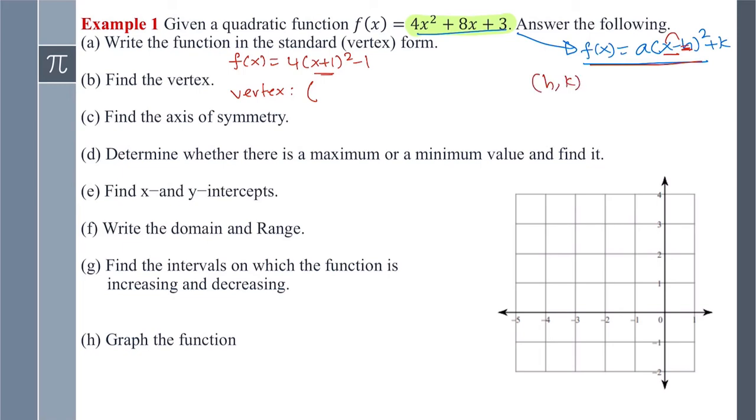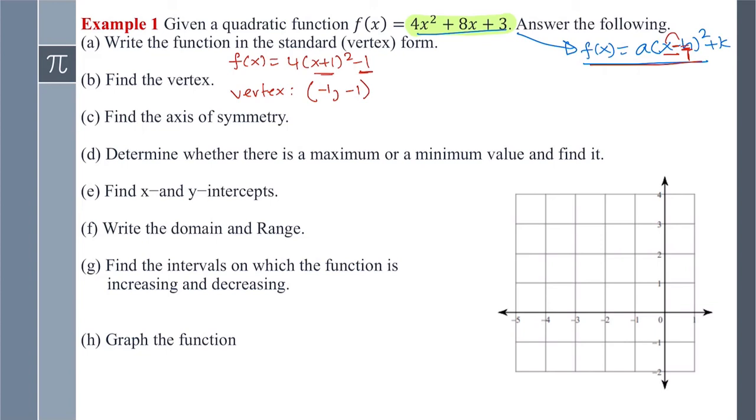When we have a plus here, we take that number as a negative. So it's negative 1 comma, and then we keep k as whatever we have. If you have x minus 1 squared, then we would take 1. We just switch the sign for that number. So that is the vertex.